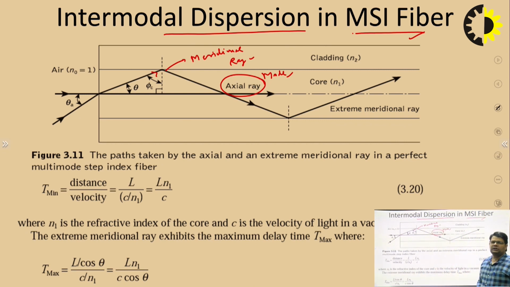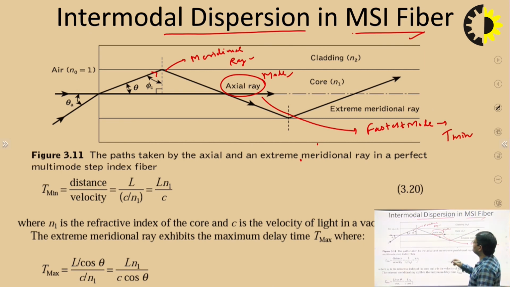Basically, in this we will calculate the propagation delay difference between the axial mode and the extreme meridional ray. For this axial mode, we can see that the distance covered is minimum. So in this case, this will be the fastest mode, and the corresponding time will be T minimum.